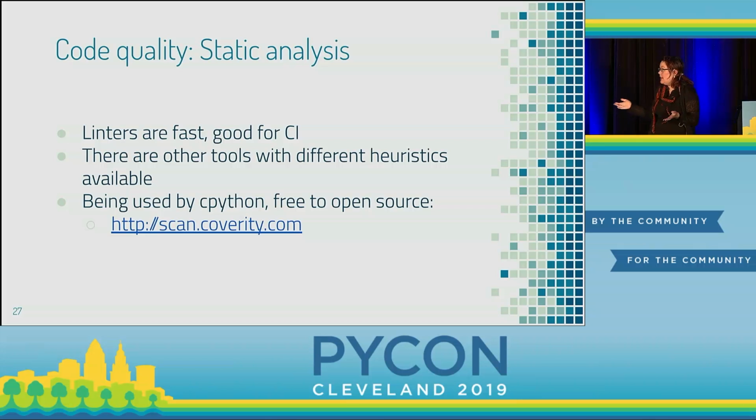There are a number of other tools with different heuristics available. There's some open source ones like SonarQube. The only one I'm going to mention here, just because there's so many and they're very varied, and I don't like all of them, but one that is interesting to us, because it's being used by CPython, is scan.coverity.com, which is free for open source. So if you have an open source project and you want to see what Coverity looks like, you can sign up for that.